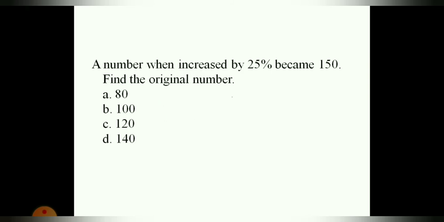A number when increased by 25 percentage becomes 150. Find the original number. So we can take the original number as n. n increased by 25 percentage means n plus 25 percentage of n is equal to 150. That is 125 percentage of n, or 125 by 100 of n is equal to 150.